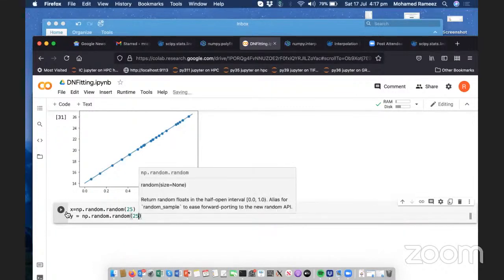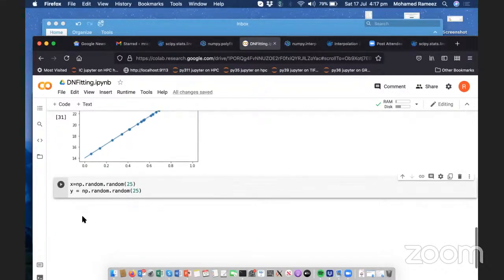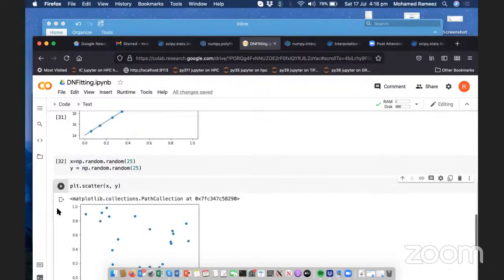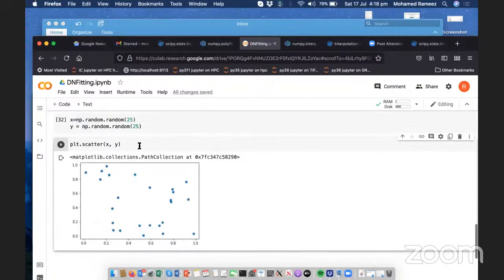Now I have two new arrays of random numbers. I am going to just plot it to visualize. Scatter x comma y, and you can see that it's all over the place.